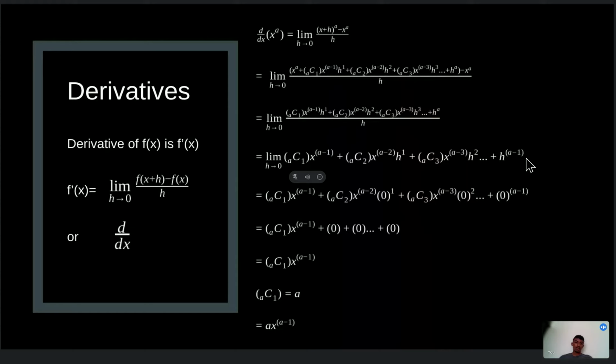We get this. We now notice that we can substitute h for 0, and we notice that everything except one term is going to be equal to 0, and that results in a times x to the power of a minus 1.